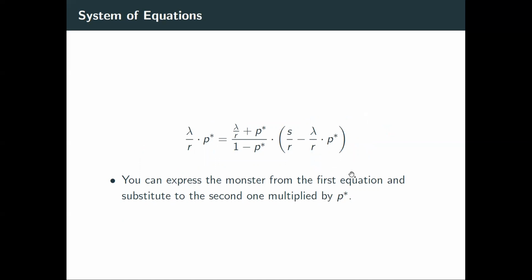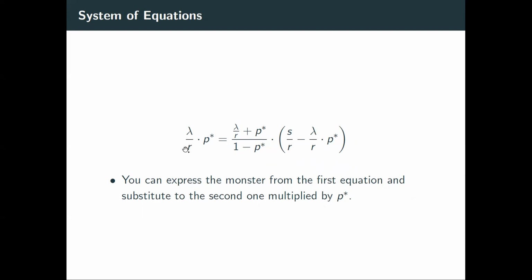So it still looks quite cumbersome, but what you can see is that you have approximately quadratic terms, because here you have linear, here you have linear, and here you have division. So once you put it in the left-hand side, it will be quadratic as well. And what is important here is that the quadratic terms will cancel out, because if you take a look here, the quadratic term will have a coefficient minus lambda divided by R. And here the quadratic term will have the same coefficient minus lambda divided by R. Therefore, quadratic terms will cancel out and you will get a linear equation.